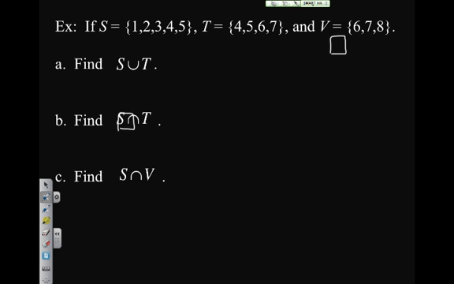Now, we're given a few sets. The first set is S, and it's 1, 2, 3, 4, 5. T is 4, 5, 6, 7, and V is 6, 7, and 8.